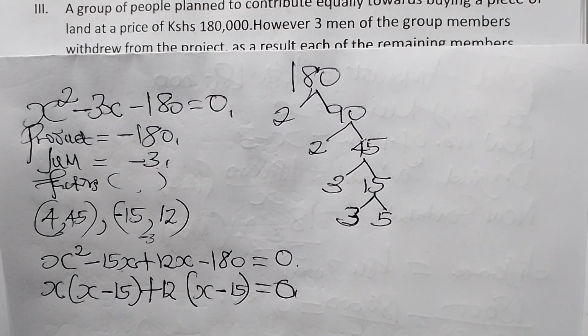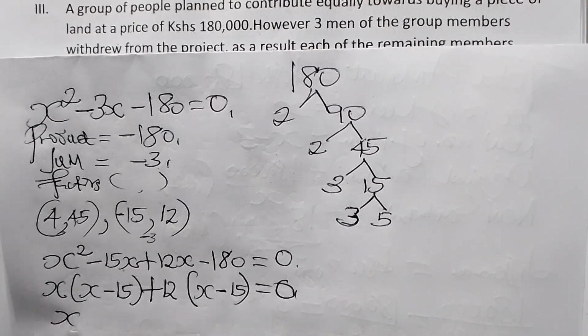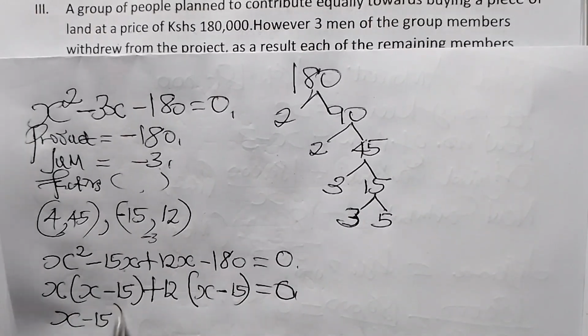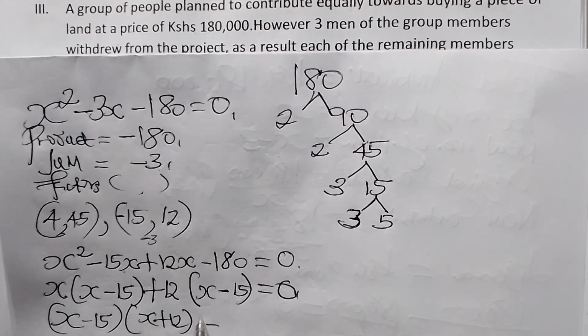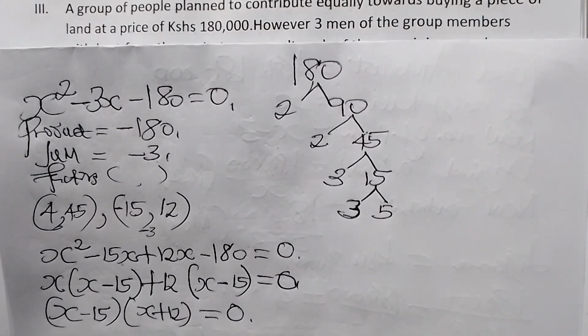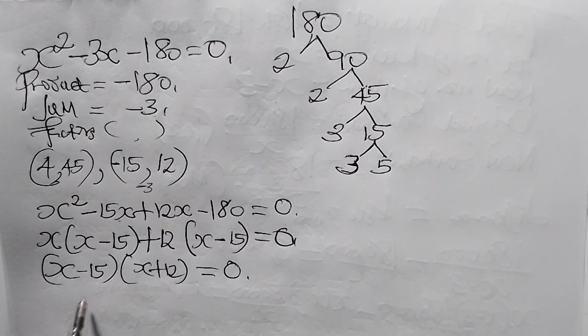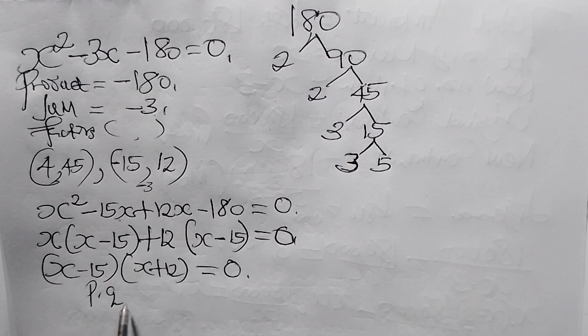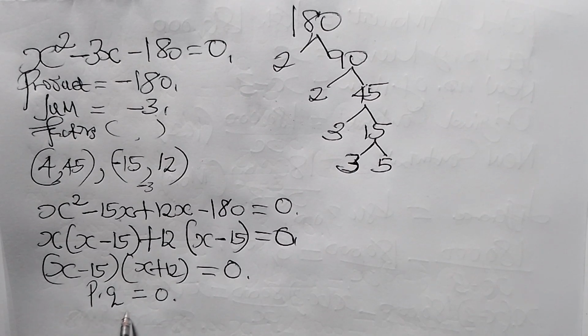In algebra, we can factor out the common factor x minus 15, multiplied by x plus 12, is equal to 0. So in algebra, when we have two numbers, p times q, equal to 0, either p is equal to 0 or q is equal to 0.